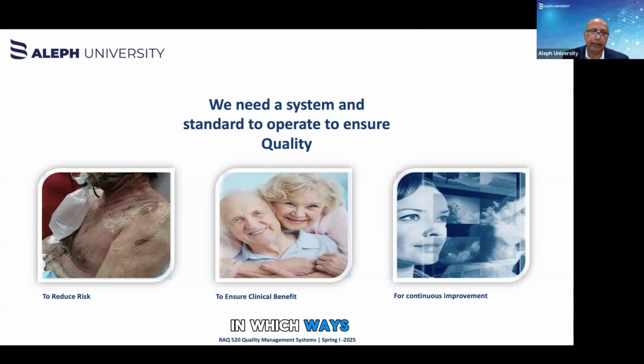In which ways? In the design, for example, if we see a lot of adverse events, we need to go back to the design and make sure that the weak areas are corrected. Also, if we see that there are opportunities to improve or increase the clinical benefit, then we can implement design changes to the system so the products have maximum clinical benefit.